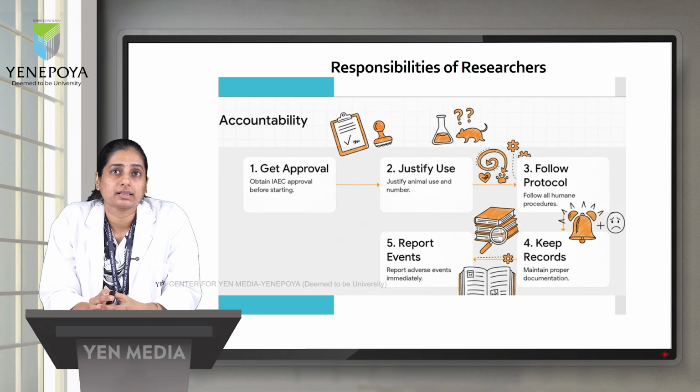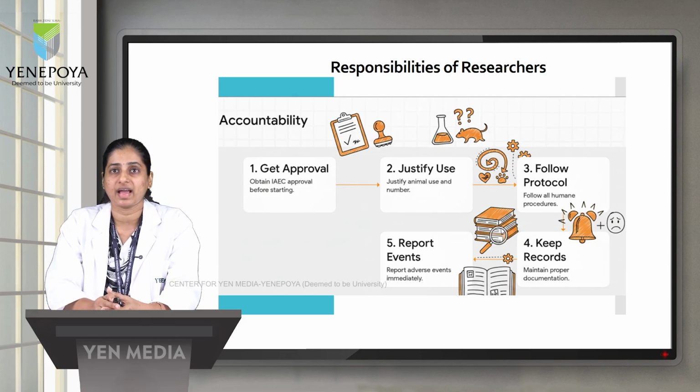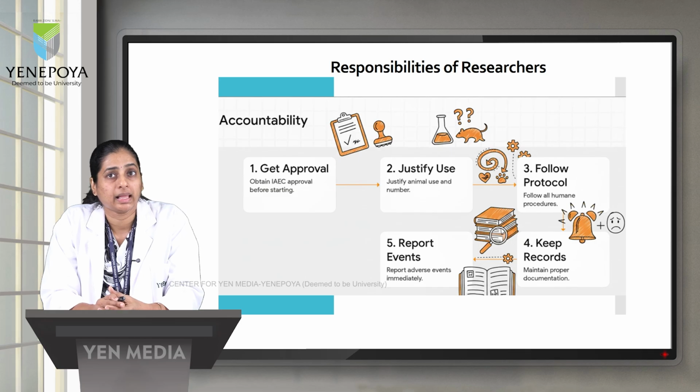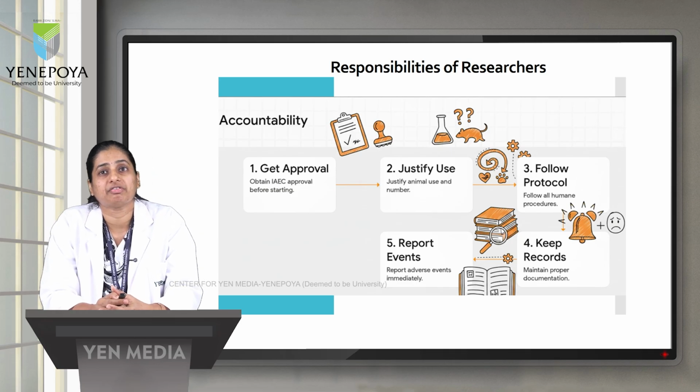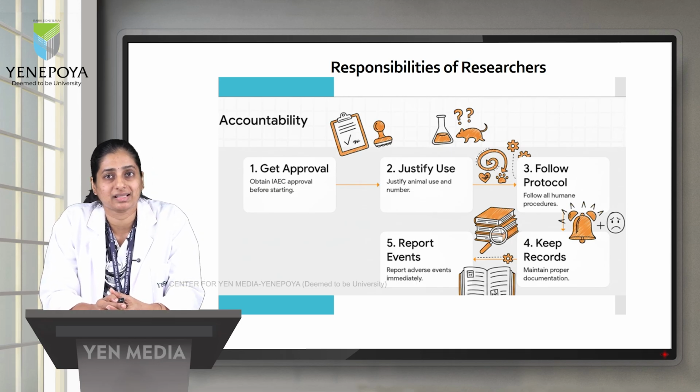The first responsibility of the researcher is to write the protocol clearly to get the approval from IAEC. In the protocol, they have to justify the use of animals and give a clear explanation of why the required number of animals is mentioned. They have to follow the protocol with all humane procedures, anesthesia and necessary euthanasia to be given to the animal if it is required as per the guidelines.